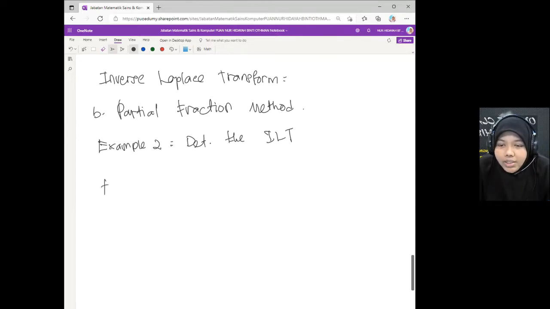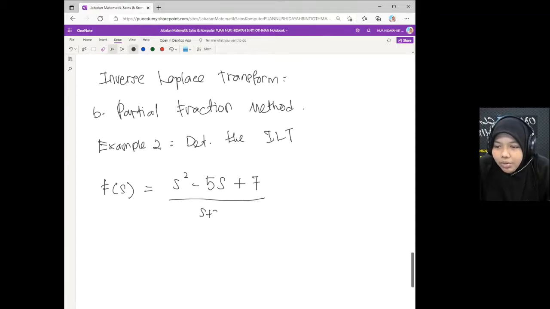Okay, so the question is F(s). Macam biasalah, if the question is about inverse Laplace transform, it must be in F(s) form. So when the question is in F(s) form, we want to find f(t). The question here is (s squared minus 5s plus 7) divided by (s plus 2) to the power of 3. So this is a repeated linear function, kita tengok dia repeat sebanyak 3 kali lah.